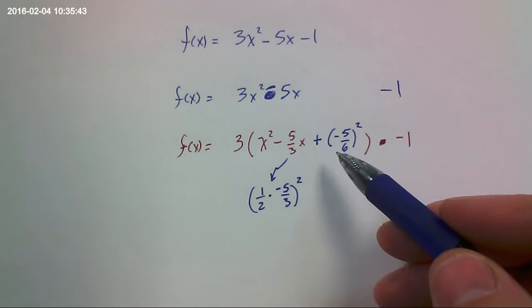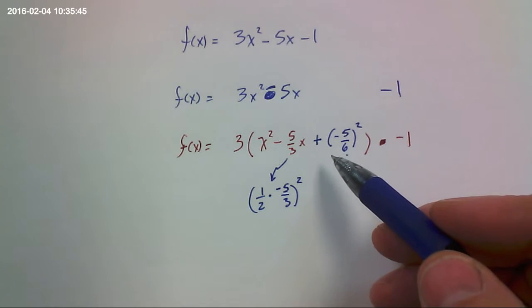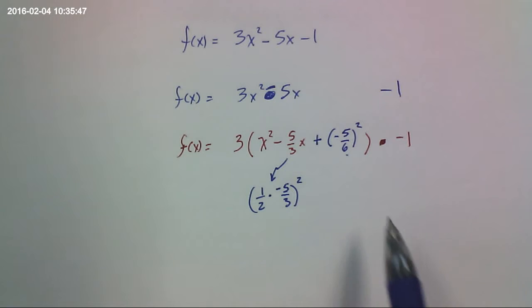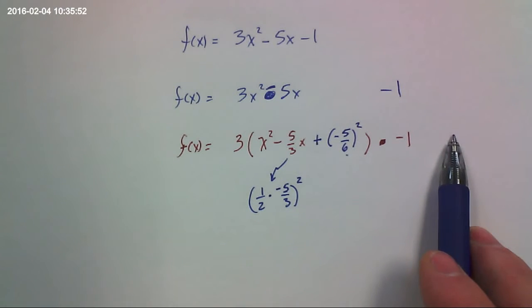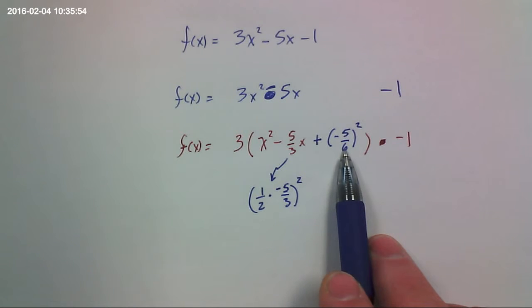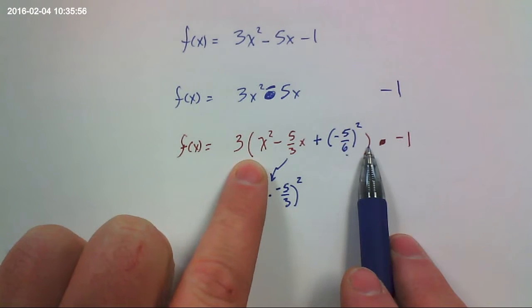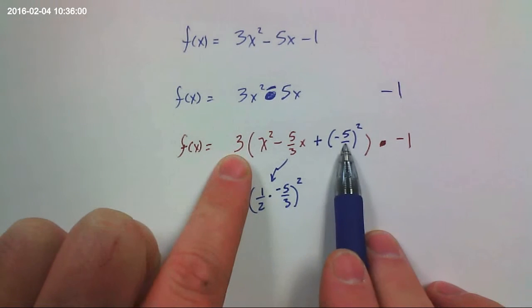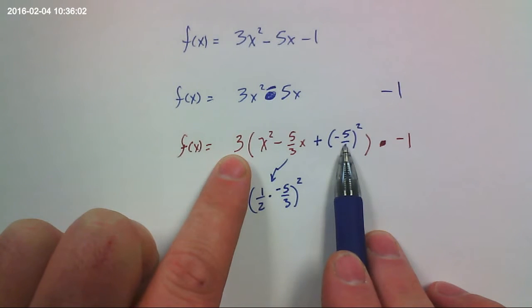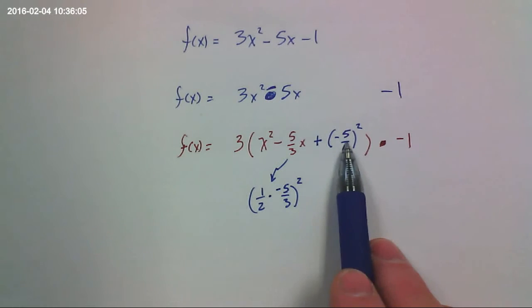Hold on. Yes, so we're not done yet. Gabe's objection was, like last time we added it here and we also had to subtract it over there, which is correct. However, do you see how this is inside this parentheses? And what's the 3 doing to it? So there are actually 3 of these we're adding.